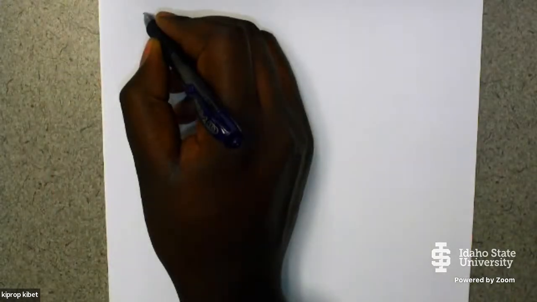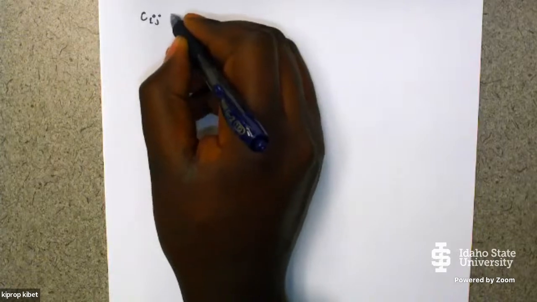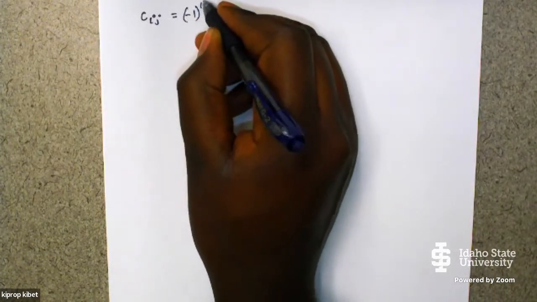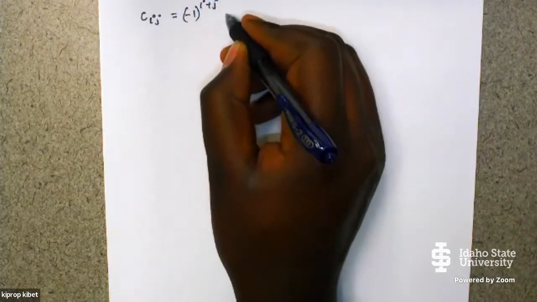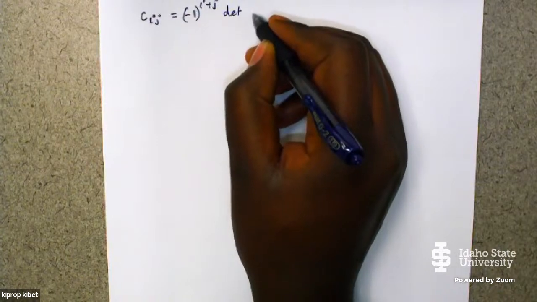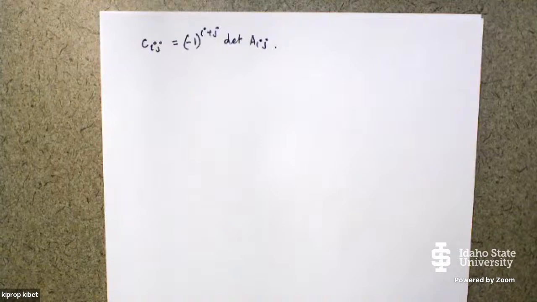Using the definition, to get the cofactor Cij, it is the same as minus 1 raised to i plus j, determinant of Aij.